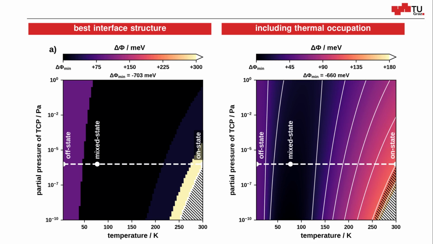Still, the quality remains the same, so we go from off-state structure to mixed-state structure to on-state structure, but now the amount of work function by which we can switch the interface has decreased to about 200 millielectron volts. But still, this is in the range of the threshold voltage of a germanium diode, so it is certainly something that one could measure and maybe even technologically utilize.